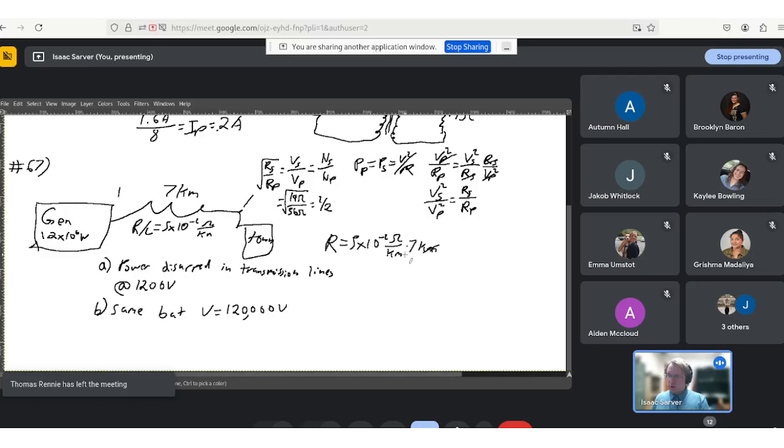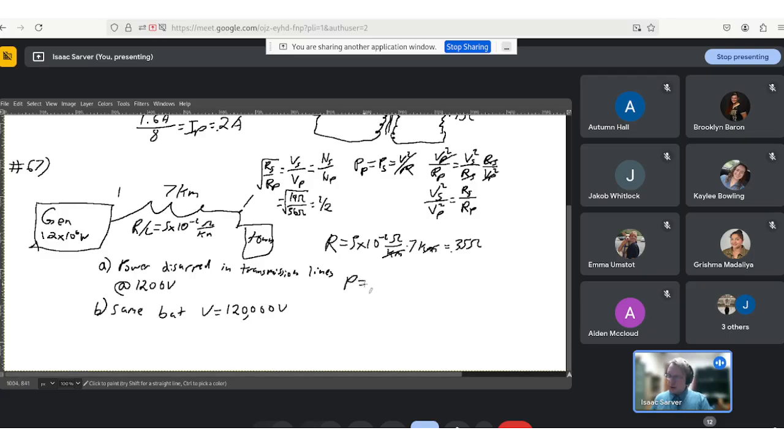Those match. 5 times 10 to the minus 2 times 7. Make sure I'm reading it right. 7 kilometers per kilometer. Yep. So it's not a whole lot of resistance. 0.35 ohms.